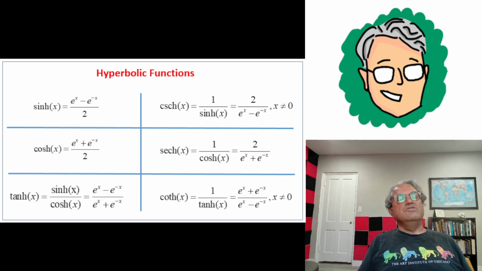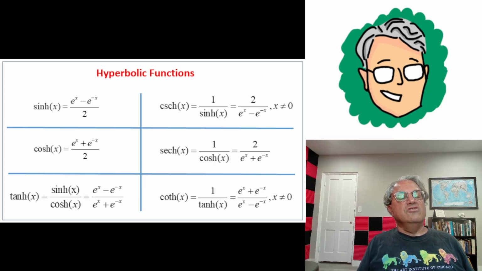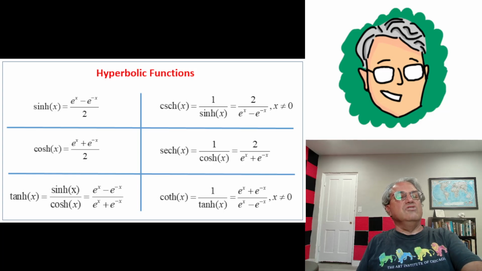And similarly for the other ones, I'm not going to go over the other formulas. You have to be a little bit careful about the domains for hyperbolic cosecant and hyperbolic cotangent. It turns out x can't be 0, because then you would be dividing by 0. And you might want to look at graphs of these.